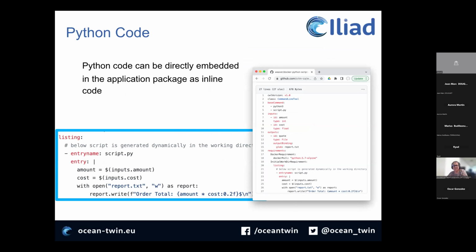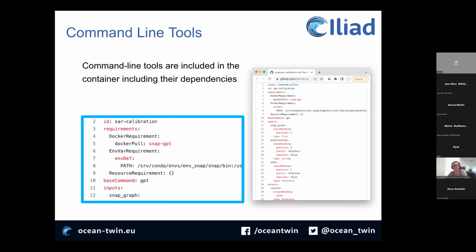And for the type of code that we use, we have the liberty to use containers, but you can also use Python code embedded there to help you out in the application package that you are defining. In terms of requirements, you can say, use this type of container with specific requirements, or use this type of parameter and this type of flow.